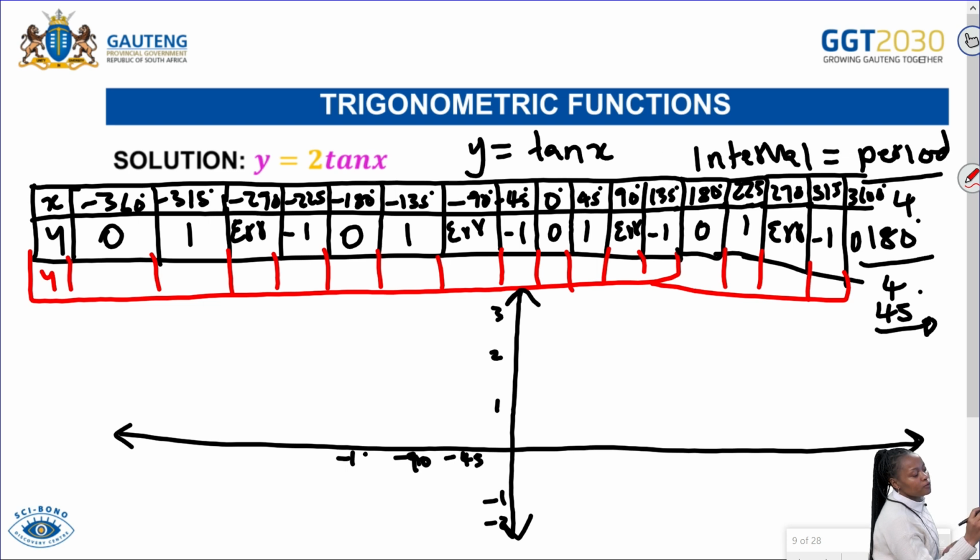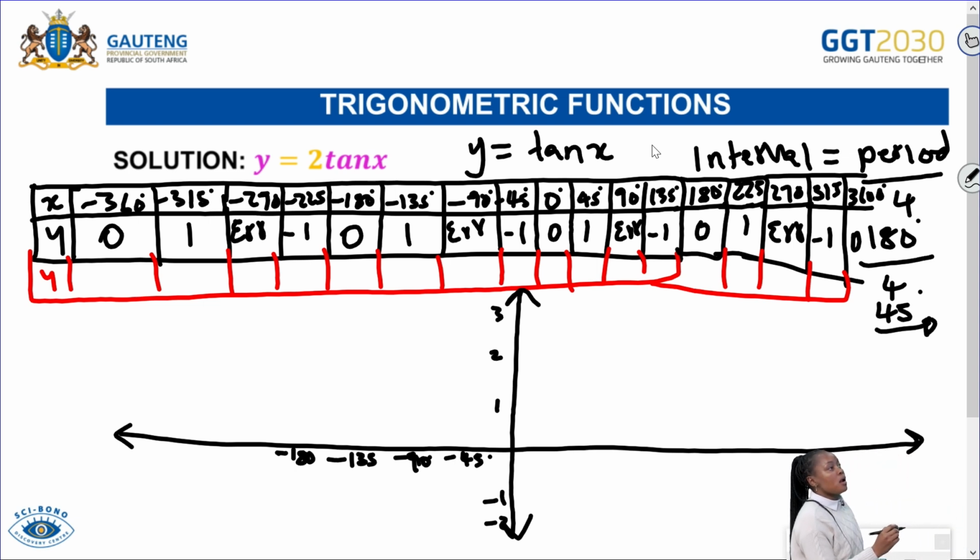You have negative 135, you have negative 180. Then you will have negative 225.